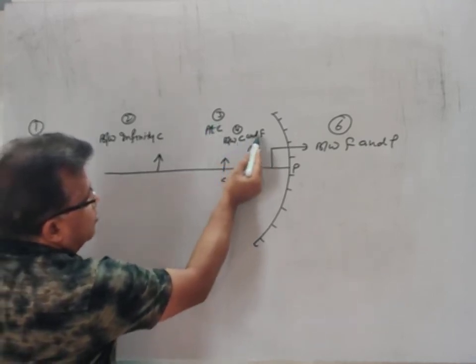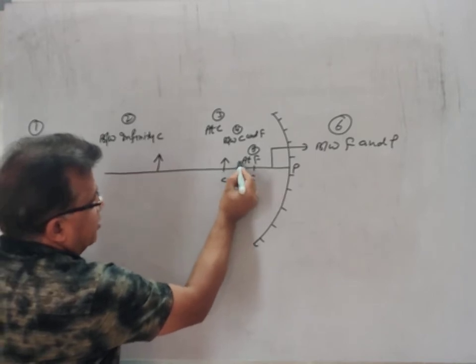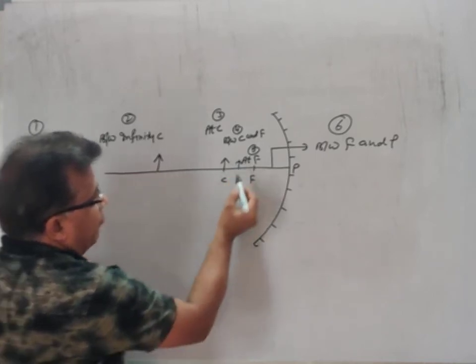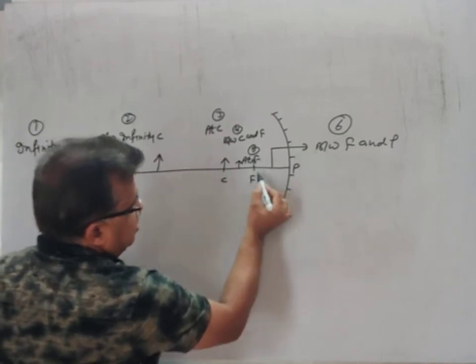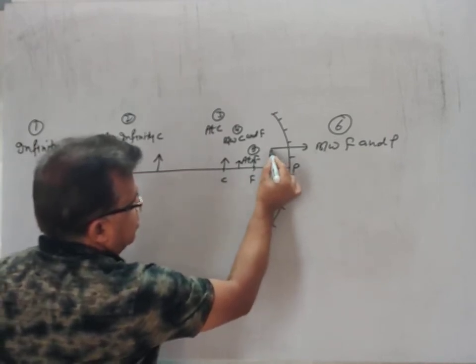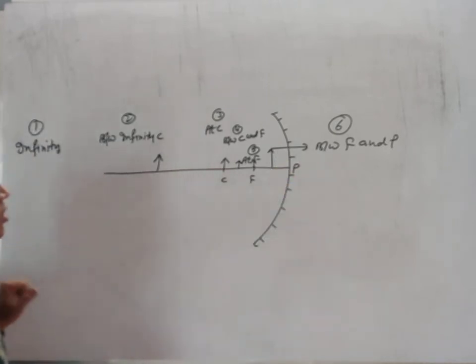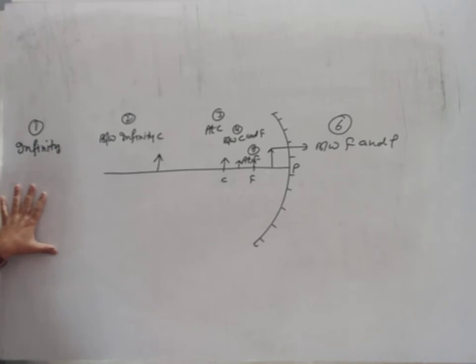When object is between C and F, that is here. When object is at F, that is here. And when object is between F and P, that is here. So these are the 6 conditions for which we can draw ray diagram. Now we shall study them one by one.